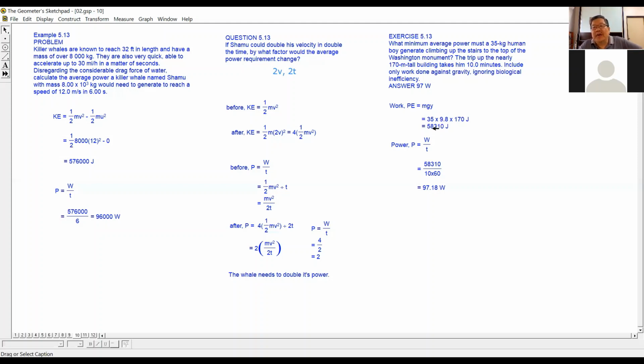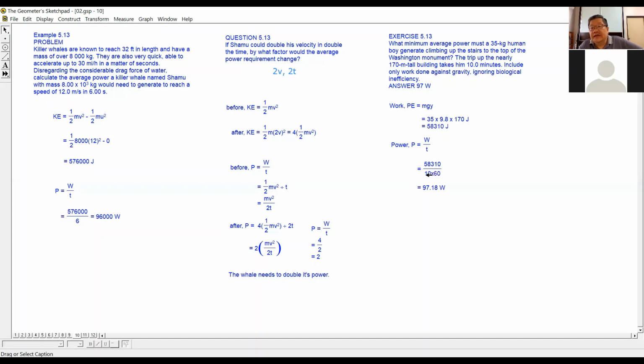If this is the amount of energy used, how much is the power? Power is the energy divided by time. Energy 58,310 divided by the time, 10 minutes. But you cannot use minutes because it's not consistent.